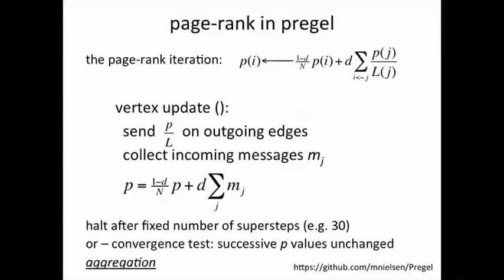So if there's a vertex j which is pointing to i, which has a huge number of outgoing edges, so that i is very unimportant for that vertex j, it's just one of millions of outgoing edges for j, then its page rank flowing into i is not considered very important. However, if i is the only vertex that j points to, then L is 1, and its importance is much higher as it flows in to i.